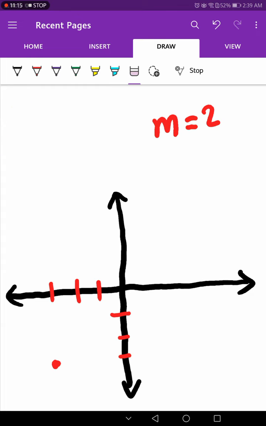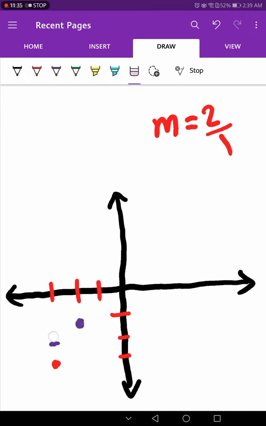How can I use the slope? The slope is 2, so it is 2 over 1. Rise over run. So move 2 up and 1 right. So 1 2 up and 1 right. It will be here, my dear student.